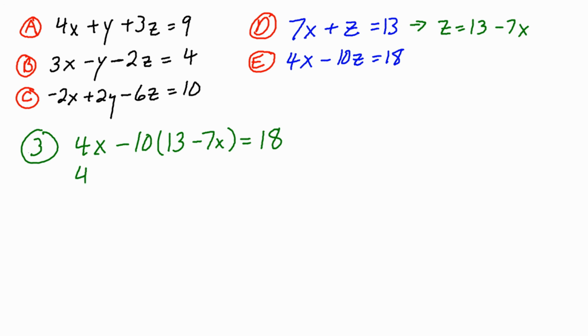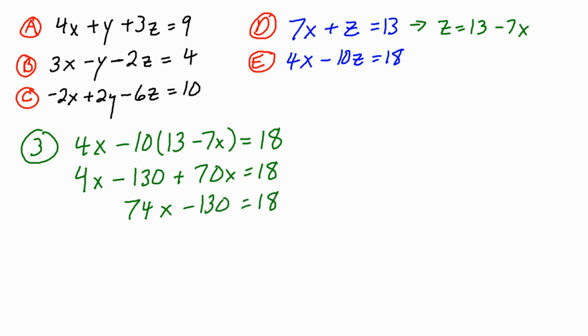Distributing my negative 10, I bring down my 4x, and I have negative 130 plus 70x equals 18. Adding like terms, I have 74x minus 130 equals 18. Adding 130 to each side, 74x equals 148. Dividing both sides by 74, x equals 2.